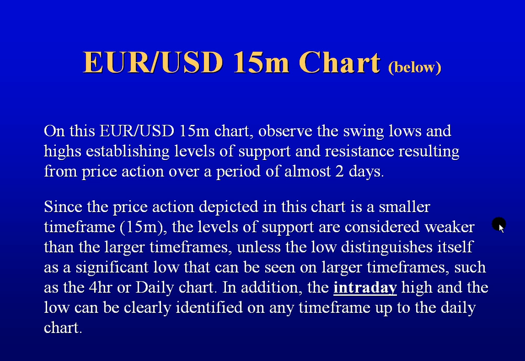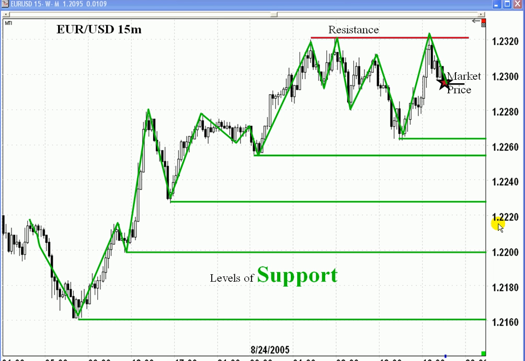Now we'll narrow it down to an even smaller time frame, which is a 15-minute chart. And here you see this date right here. This is the previous day, this is the current day, and so we only have roughly 1 to 2 days of data or of price action on this chart, as each candlestick represents 15 minutes of time.